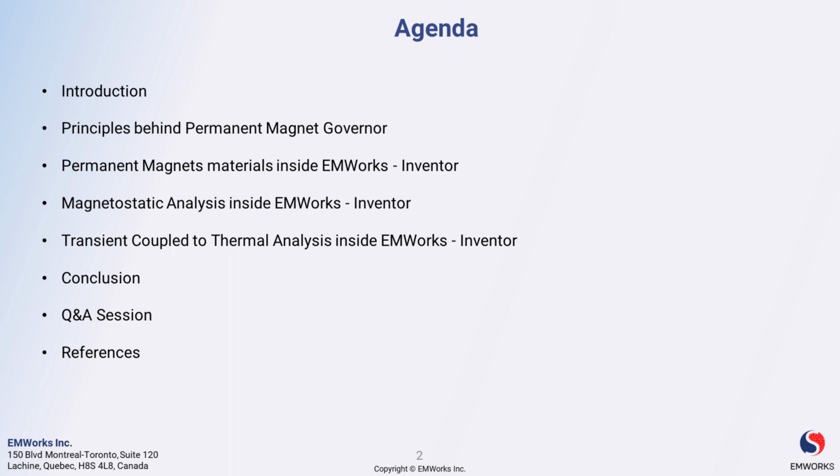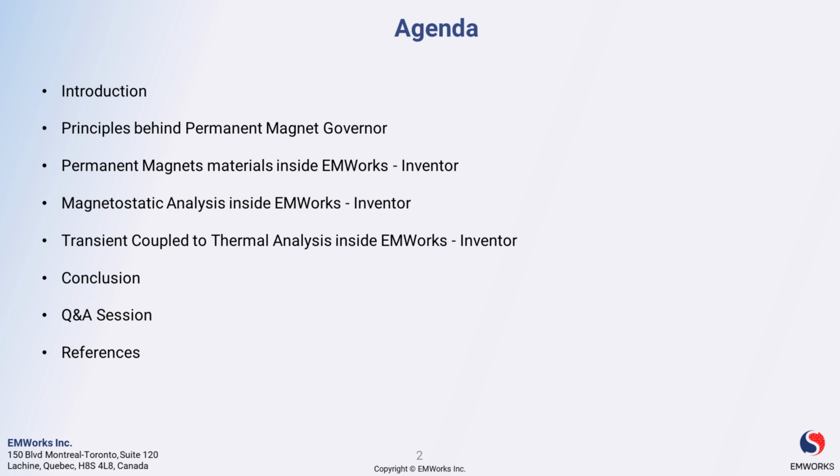Next, we will dive into the magnetostatic analysis capabilities of EMWorks Inventor, including the various outputs that can be obtained. We'll also explore the relationships between torque, axial flux, and various design parameters such as air gap, magnet thickness, and inner diameter. Additionally, we will examine the magnetic field distribution inside the permanent magnet's yoke and conductor.